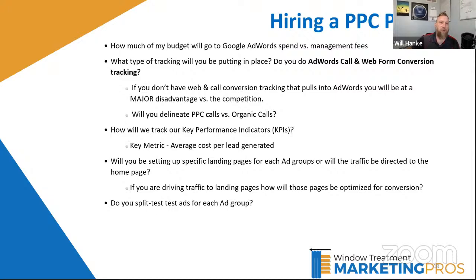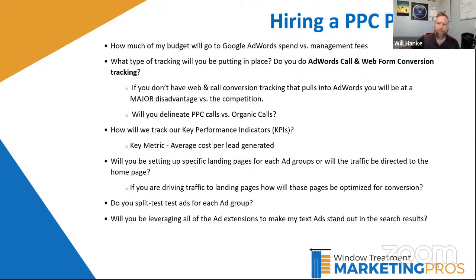Will you be setting up specific landing pages for each ad group? And then, do you do some sort of A/B testing where you're testing out different landing pages, different ad copy, things of that sort? Definitely some things to think about when you're going to get somebody to help you out with that. And then, of course, ad extensions. I mentioned that. And then what are our targets in terms of cost per lead and ROI?